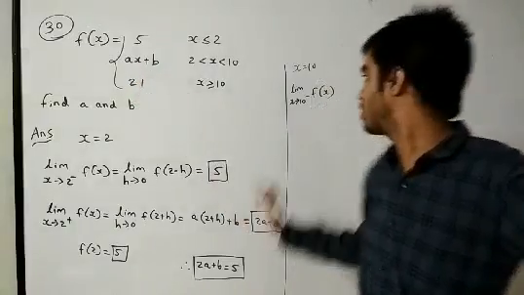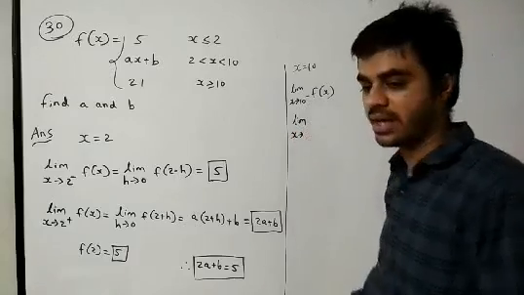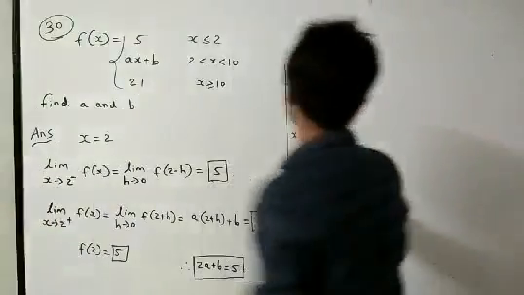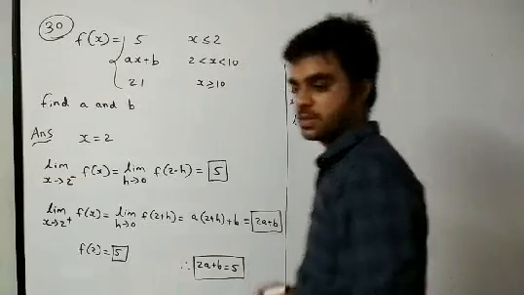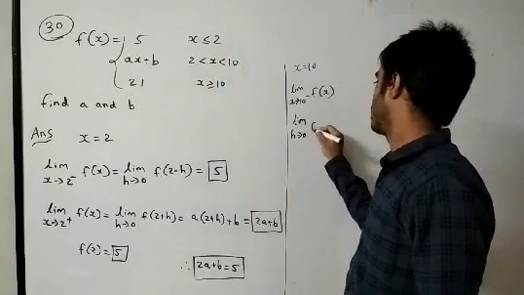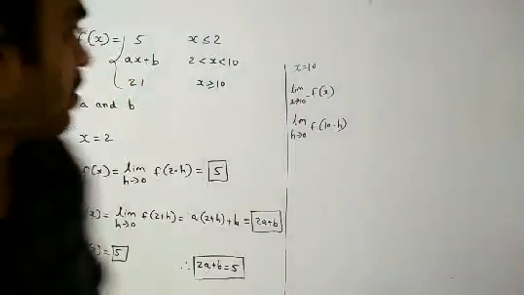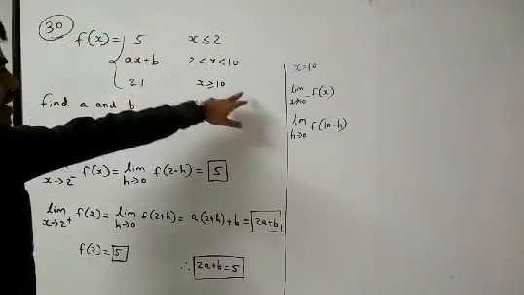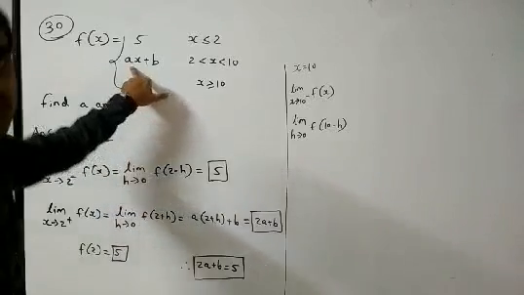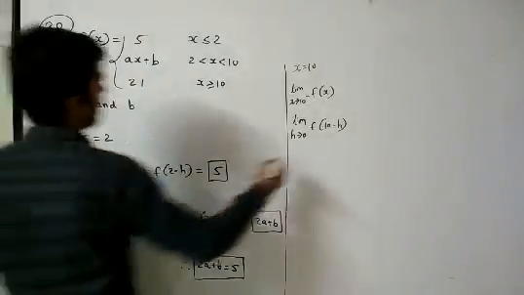Right. So what we are going to do? Instead of x, we will write h. So let us take h tending towards 0, f(10 − h). Now if f(x) is ax + b, wherever x is, put 10 − h.